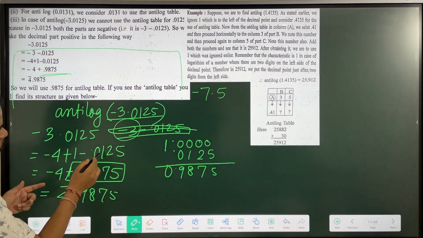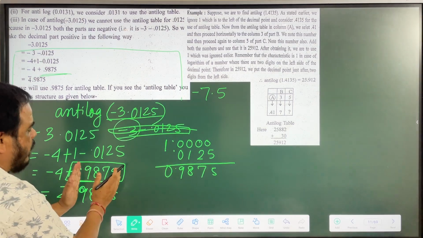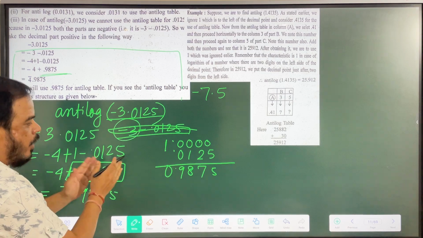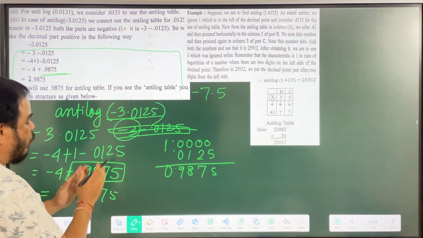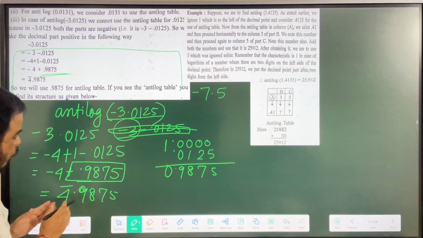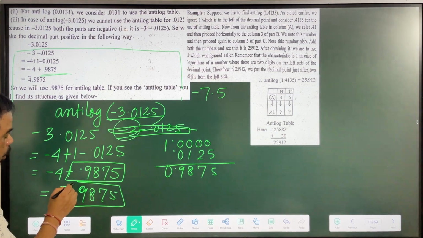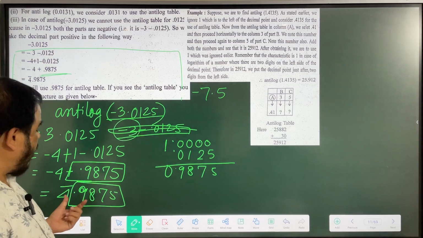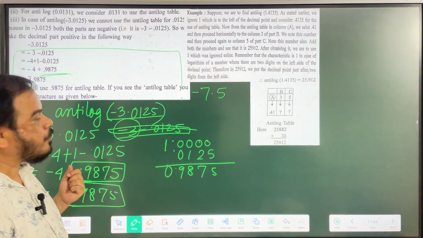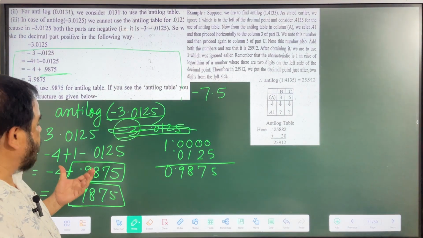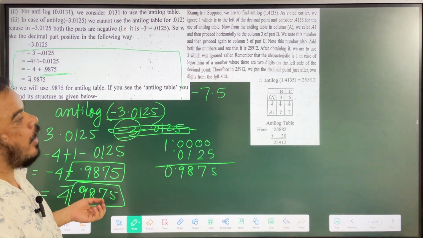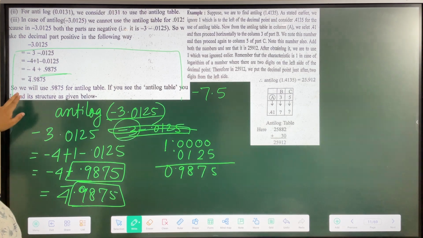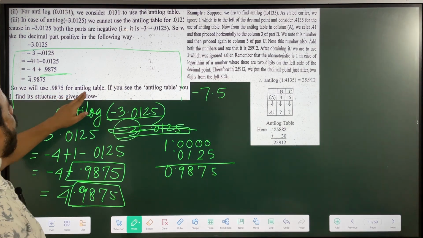From 1, which is the greater number, we subtract 0.0125, the smaller number, so that we get a positive number. Now we will find the antilog of 0.9875. This is the procedure to find antilog with the help of the antilog table. So we will use 0.9875 for the antilog table.